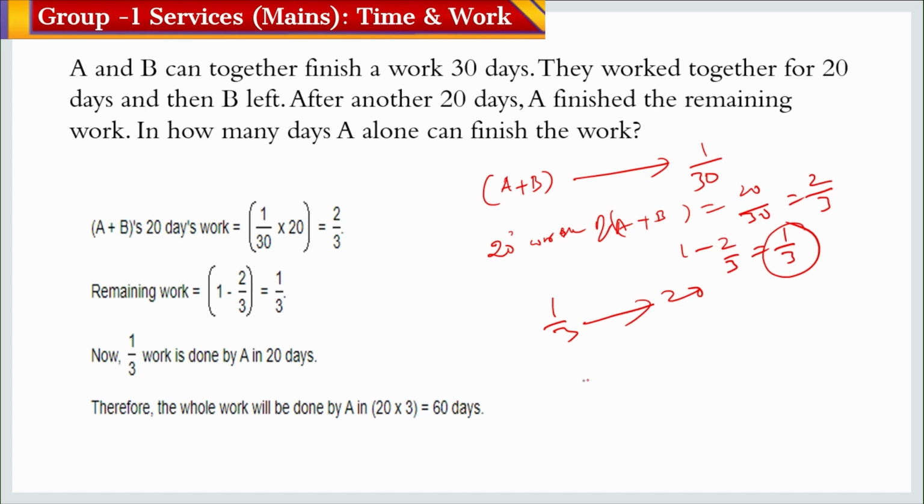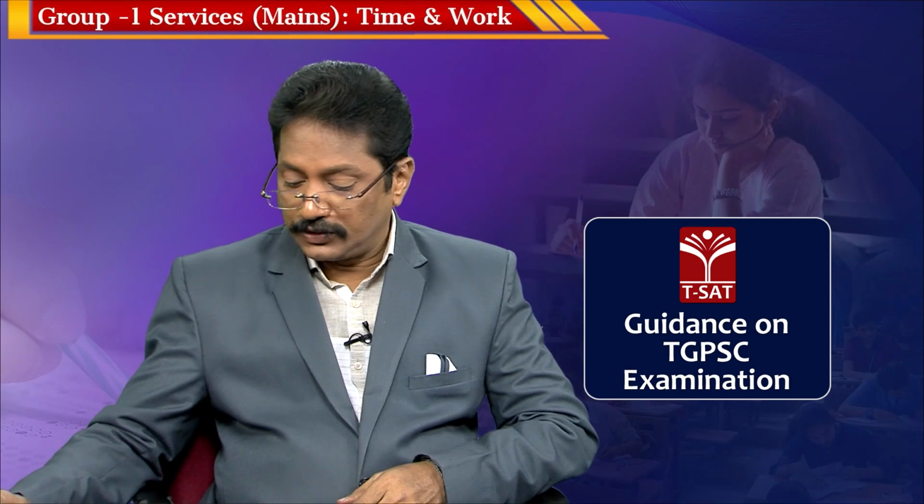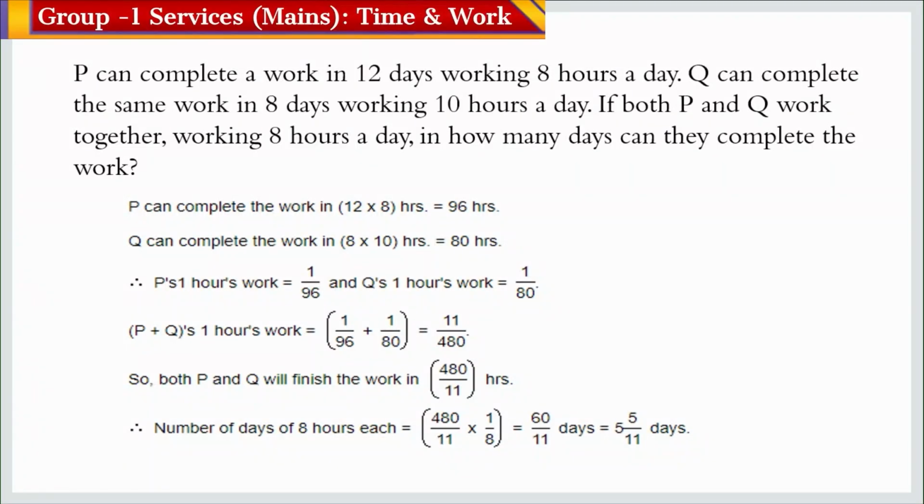If A wants to complete the whole work, it is 20 into 3, 60 days. So A can finish the work in 60 days. In this manner, you can calculate that. Okay, now we will see the next question.